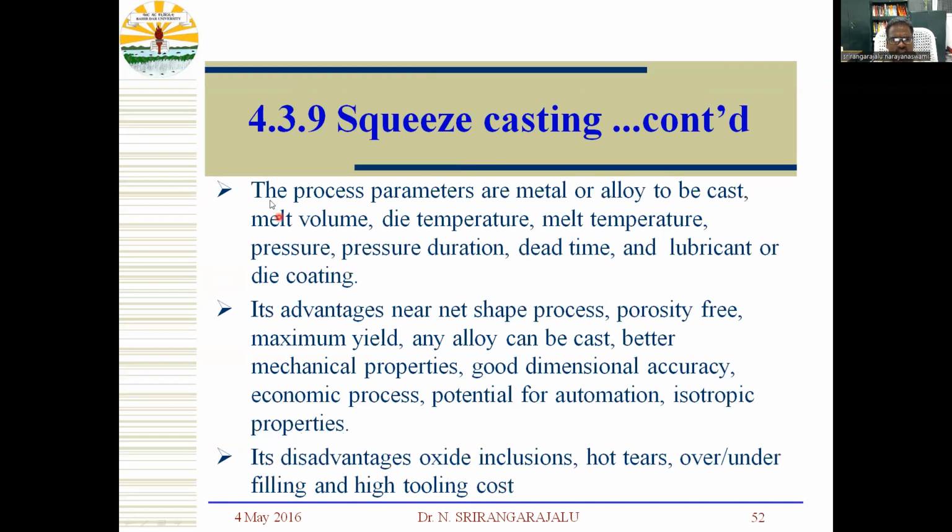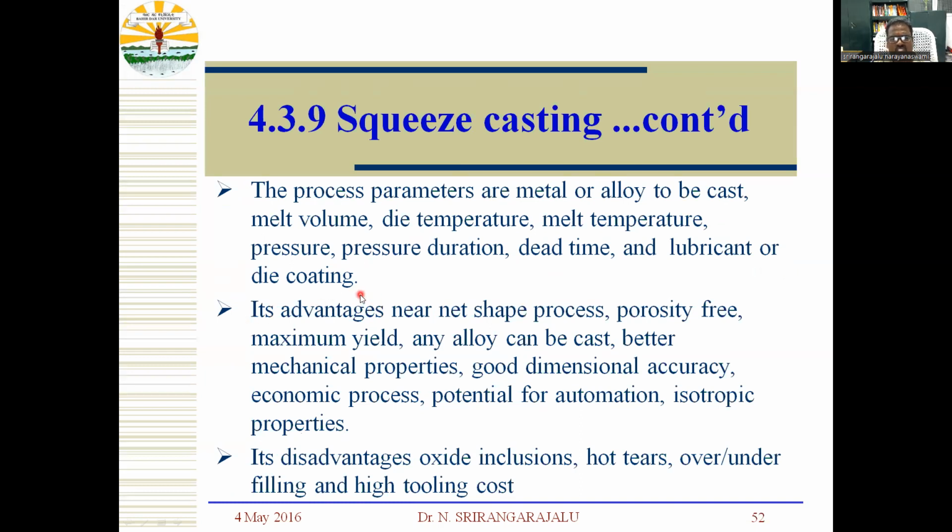In squeeze casting, the process parameters are the metal or alloy to be cast, melt volume, die temperature, melt temperature, pressure, pressure duration, dead time, and lubricant or die coating.